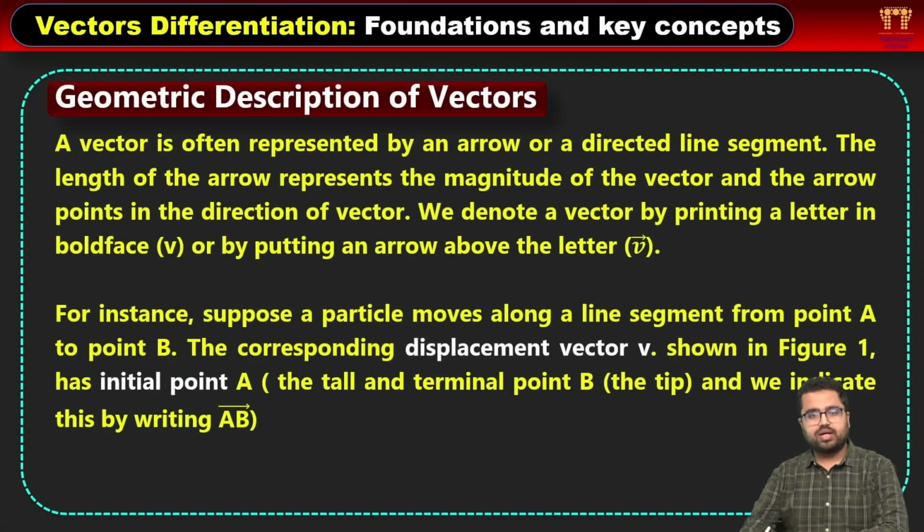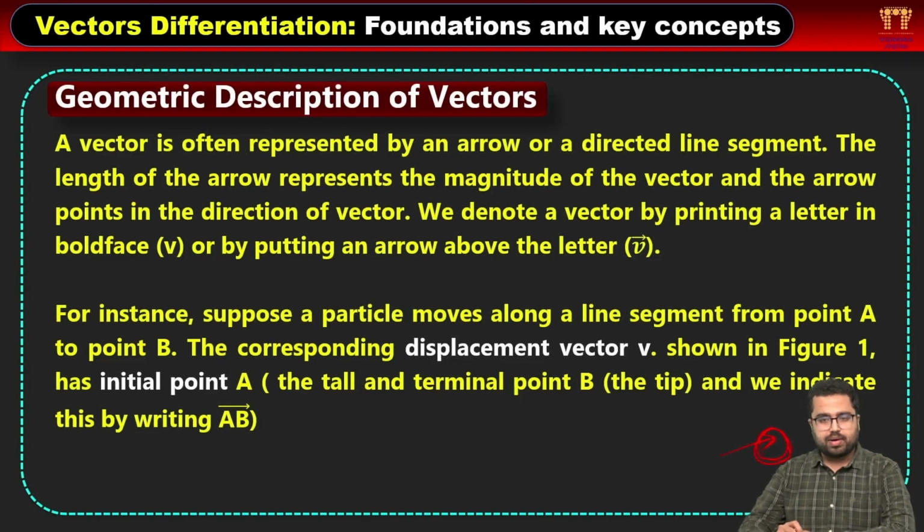Then what is the geometric description of vectors? A vector can be represented by an arrow symbol, a directed line segment. The length of this arrow represents the magnitude of the vector, and the arrow points in the direction of the vector. So this is the direction of that vector.